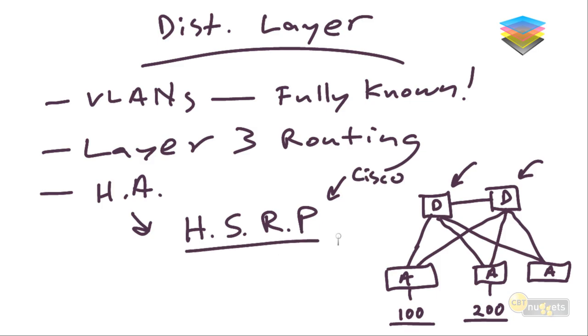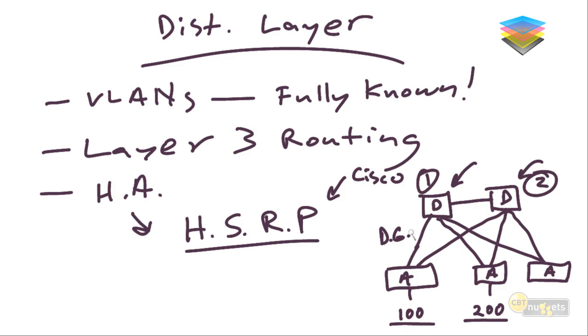This is a proprietary solution from Cisco in order to have multiple default gateways be presented to the devices of, let's say, the access layer. So we can have multiple devices, like device number 1 and device number 2, presenting a default gateway address to the various access layer devices.